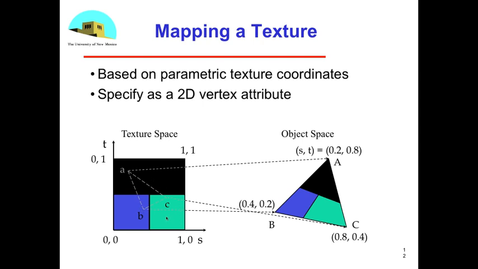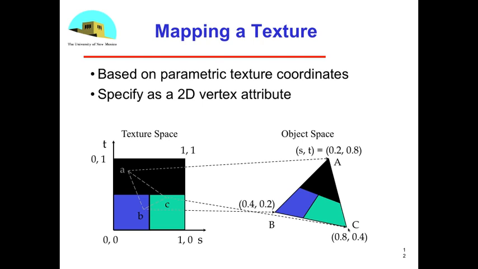Well, one way I can do that is to assign to each of these vertices, which will have a location in XYZ space, a value in the texture space. So for example, if you follow this lower left corner of the triangle, if I assign it texture coordinates 0.4, 0.2, I'm assigning it this value over here in the blue space, where you can see little b.